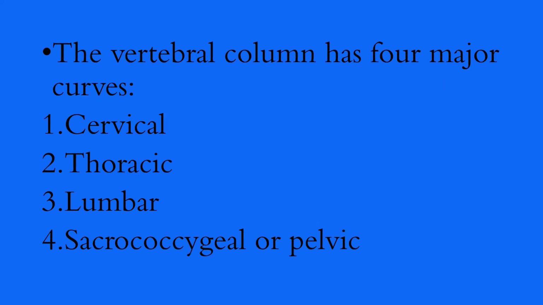The vertebral column has four major curves. The cervical, which is lordotic. The thoracic spine is kyphotic. The lumbar is lordotic. The sacrococcygeal or pelvic column is kyphotic. بدكم تحفظوها هيدي.